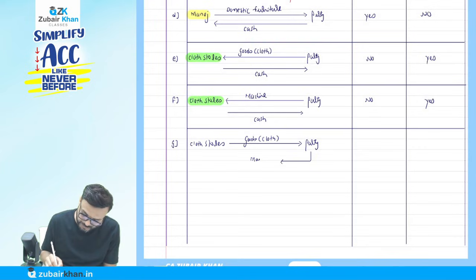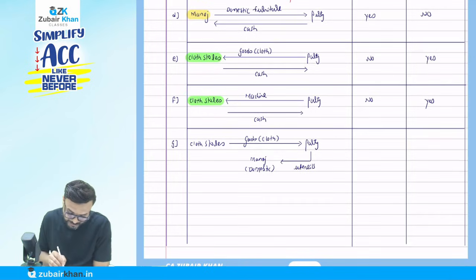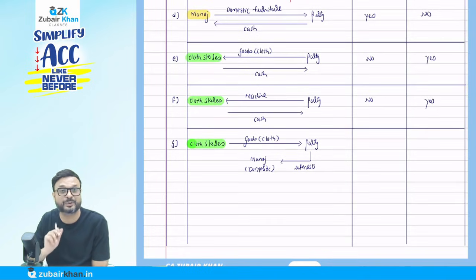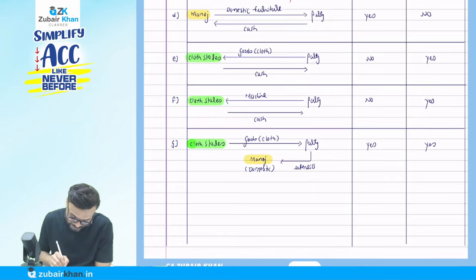This is what is mentioned here, Manoj. Okay, that's certain for domestic purpose. They're giving certain utensils. So what happened then? The cloth store gives the cloth to another party, and in return Manoj is going to take the utensils. So here both of them are involved. So both of them are involved, so we have to write it down. Yes, in both books of account. You got the point here?